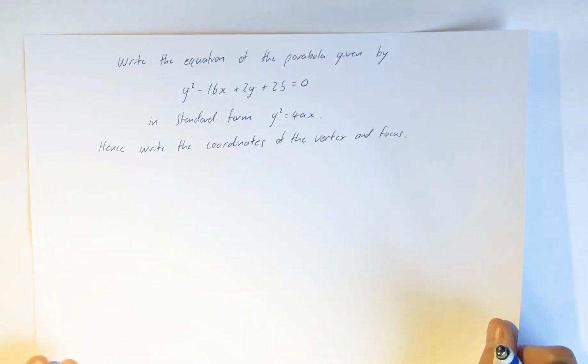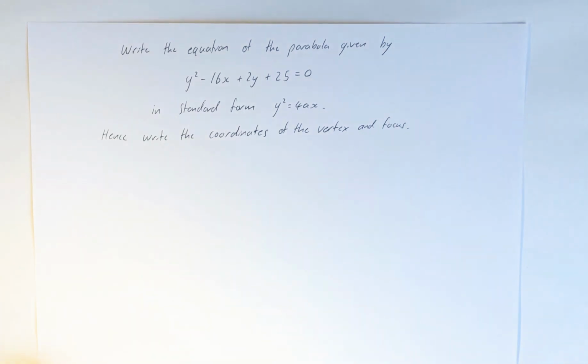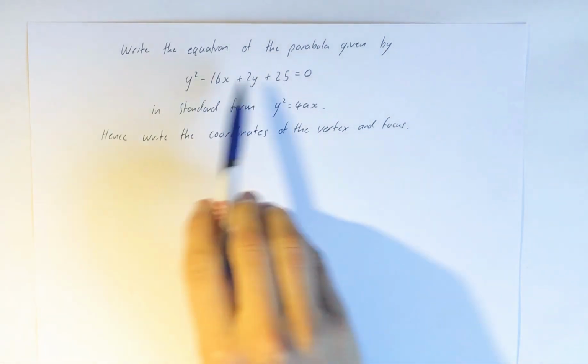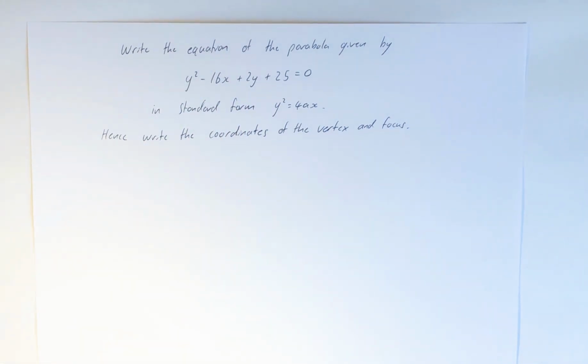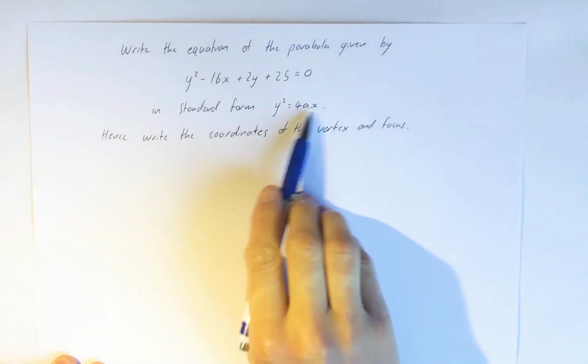One more problem for you guys today. We'll come back to completing the square. Okay, I need you to write the equation of the parabola given by y squared take away 16x plus 2y plus 25 equals 0. And we want that in this standard form here.